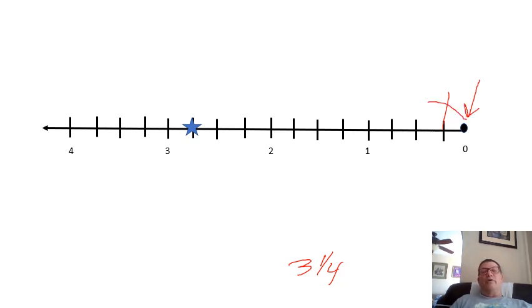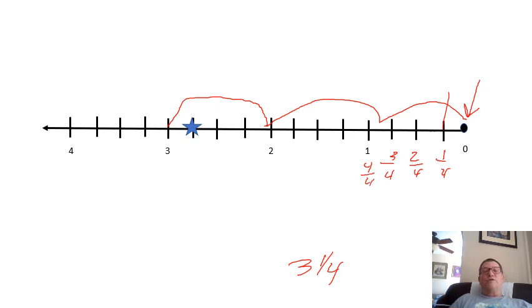So in all actuality, we're going this way: 1, 2, and 3. And they're quarters, because this here would be 1/4, 2/4, 3/4, and 4/4. So over here, that'd be 1/4, 2/4, and 3/4. So this is actually 2 3/4 from the origin on the x-axis.